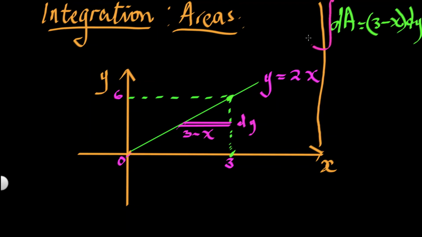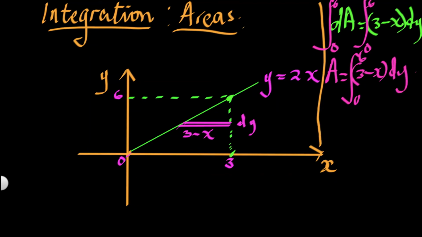If we add these areas from y equals 0 to y equals 6, we actually get the whole area, which is A. It will be the integration from 0 to 6 of 3 minus x dy. Very, very important. Now I have deduced my area integral.